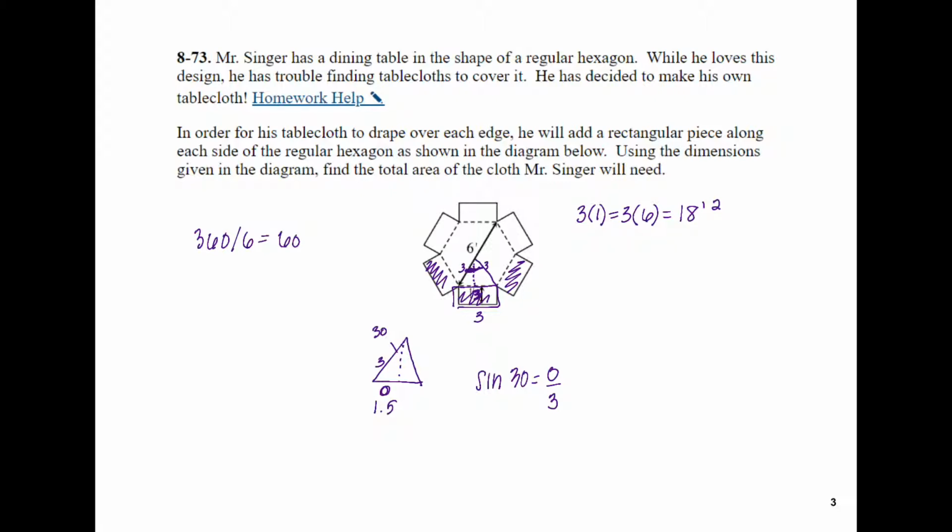So if I doubled 1.5, that also would verify that the base of my triangle is 3. But my adjacent side, I want to use cosine. So the cosine of 30 degrees equals my adjacent side over my hypotenuse. Use inverse operations. So 3 times the cosine of 30 is approximately 2.6.